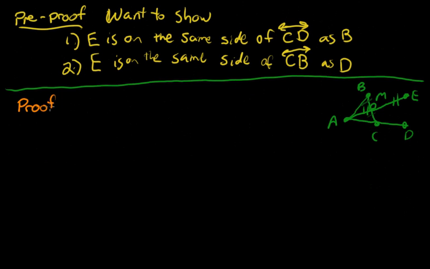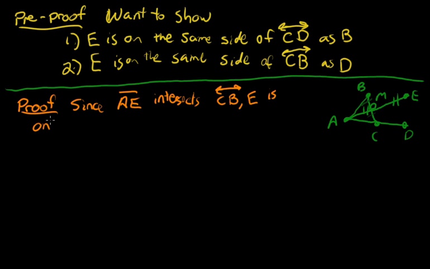So, proof. Since AE intersects CB, E must be on the opposite side of CB.